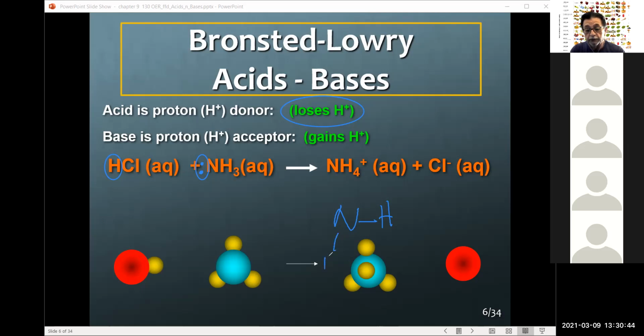We have 4 hydrogens around the nitrogen, okay? And then we drew the Lewis dot structure with the plus charge. That lone pair, it could be this one, we can say that one for right now. It could have been any of these 4, but let's pick this one.